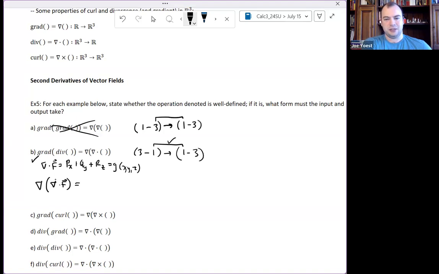What does that say? It says take the x derivative of this function and make it my first component. So I guess I would get like pxx plus qxy plus rxz in my first component, and so on. Not a super nice result, but I can do it. I can take the gradient of the divergence.